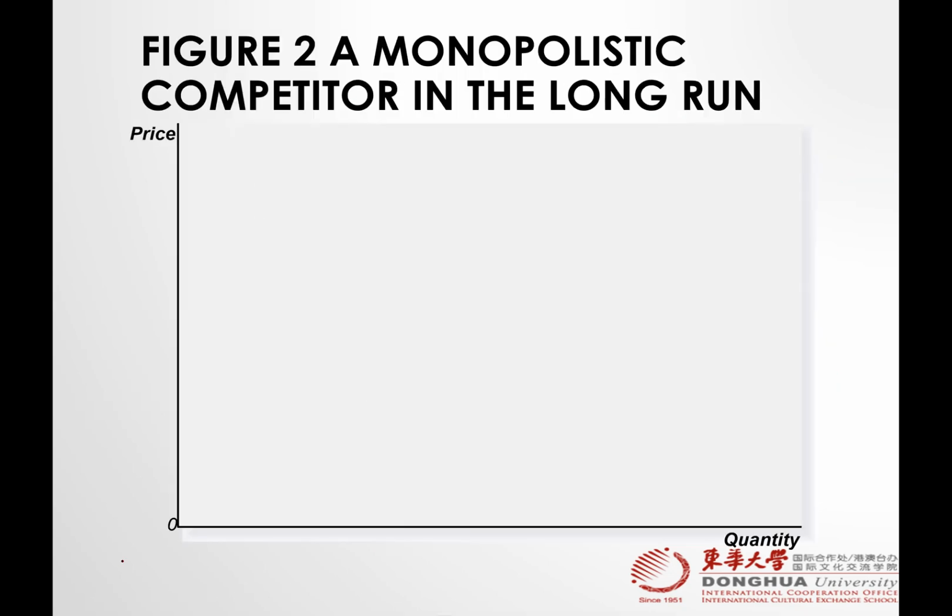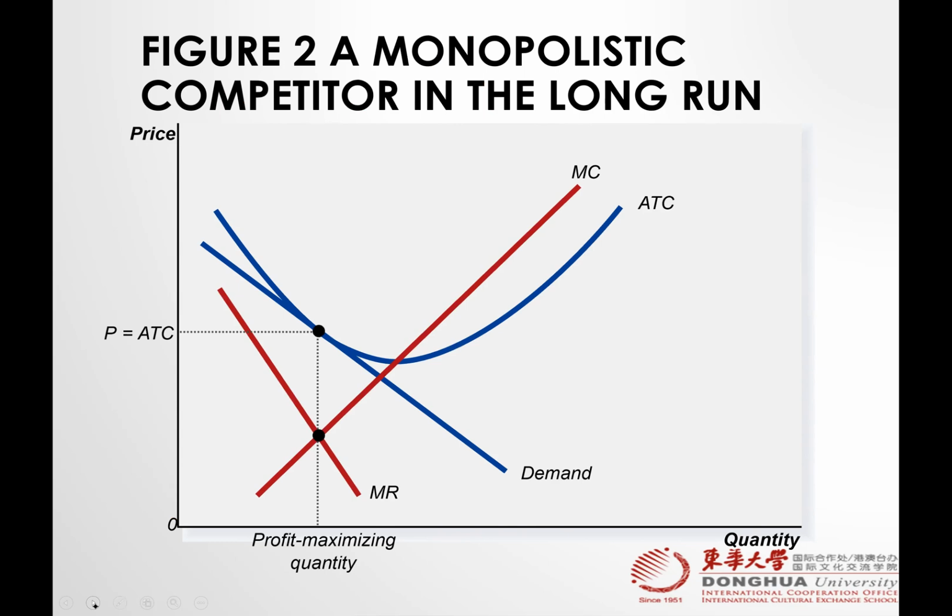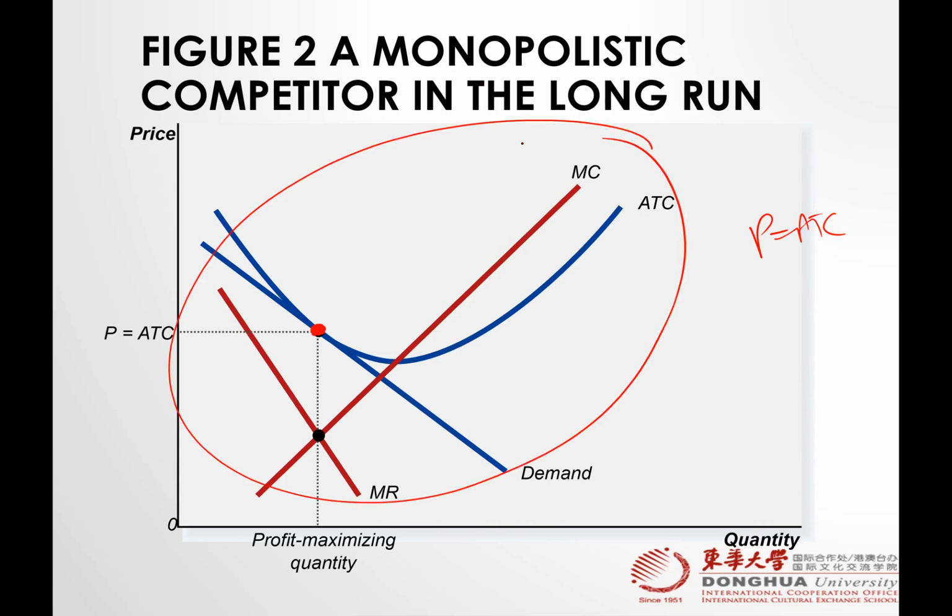So the long run analysis is going to be that only those firms will survive where price is equal to average total cost. If you are trying to understand how this diagram is going to be made, let's draw this.